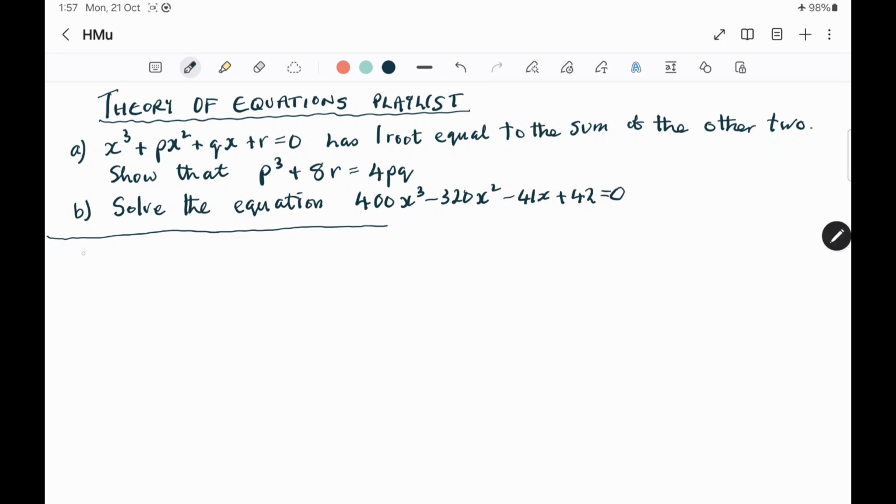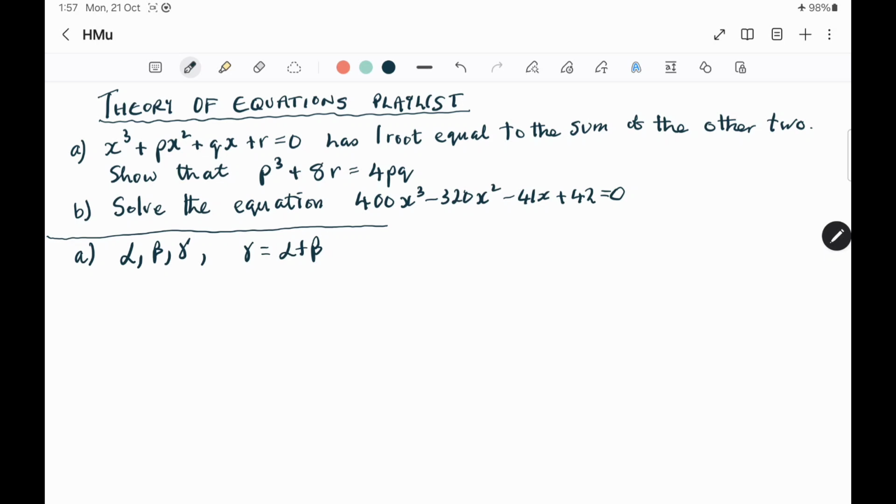So let's start with part A. Let the roots be alpha, beta, and gamma, so that gamma is equal to alpha plus beta. That's what we're given. Right?